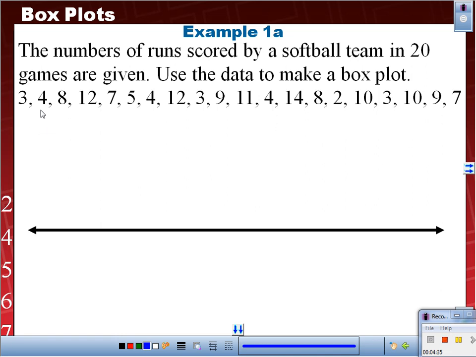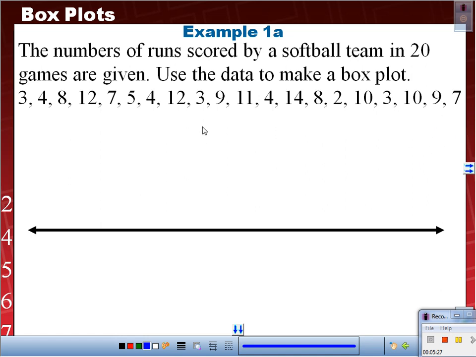3, 4, 8, 12, 7, 5, 4, 12, 3, 9, 11, 4, 14, 8, 2, 10, 3, 10, 9, 7.